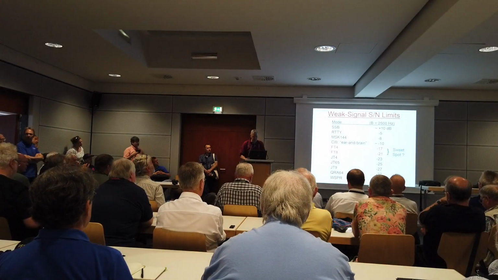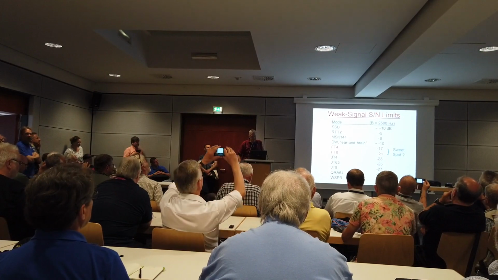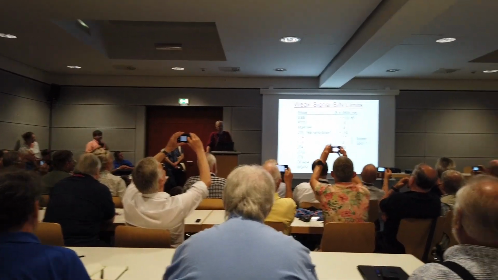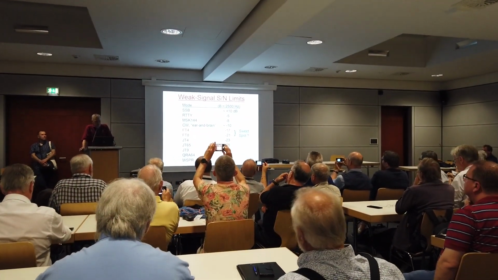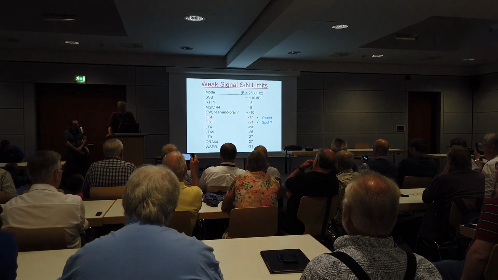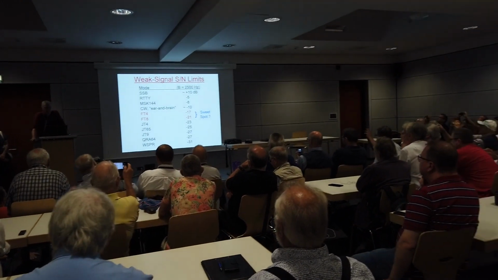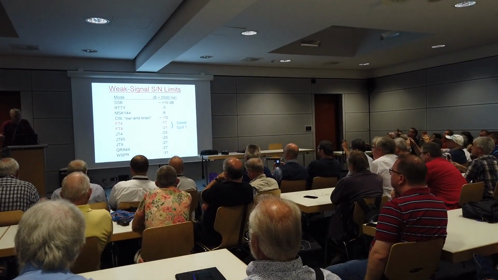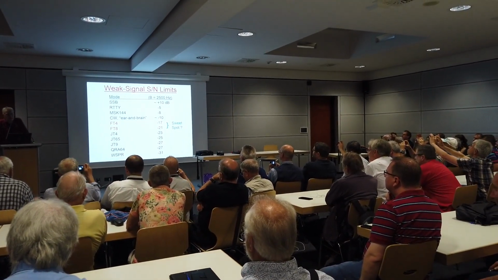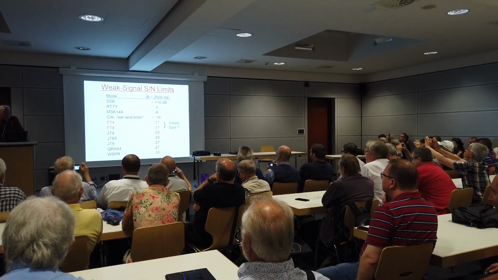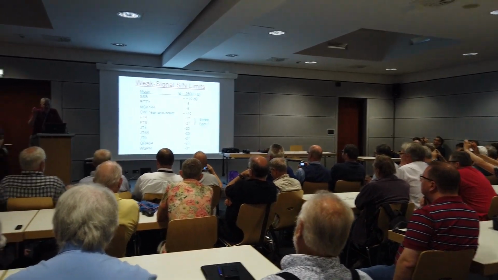And I'll finally just mention where the weak signal limits turn out to be for all of the different modes in WSJT-X. To conduct an SSB QSO, you need a signal-to-noise ratio on this scale of something around plus 10 dB. The signal needs to be above the noise, and you've got to hear it pretty well.